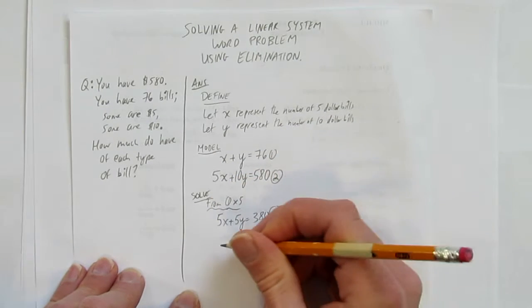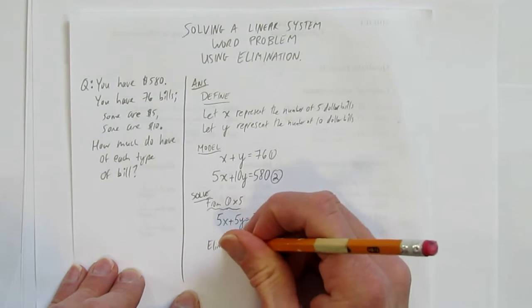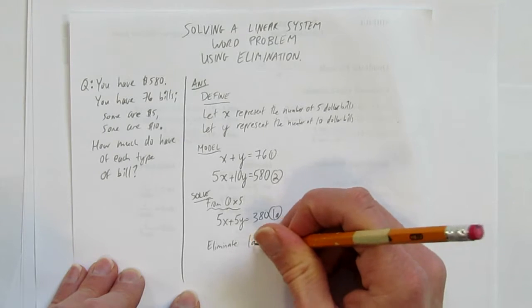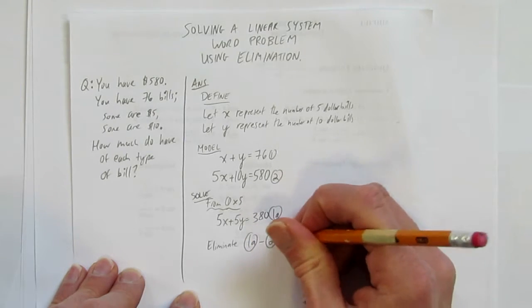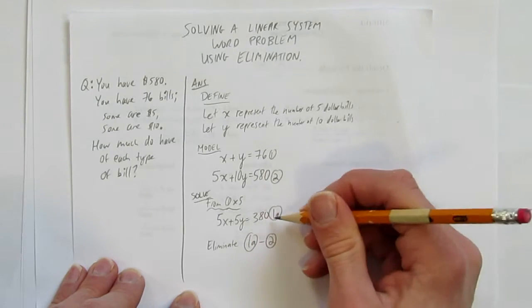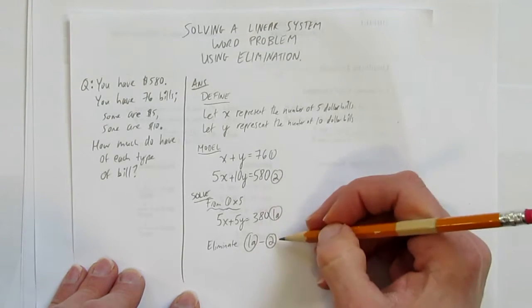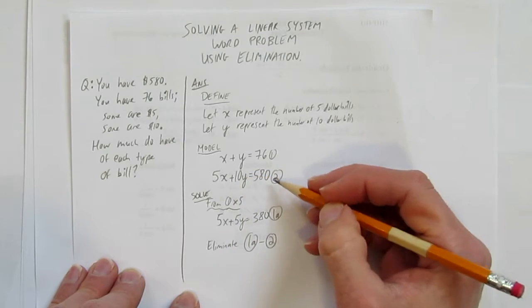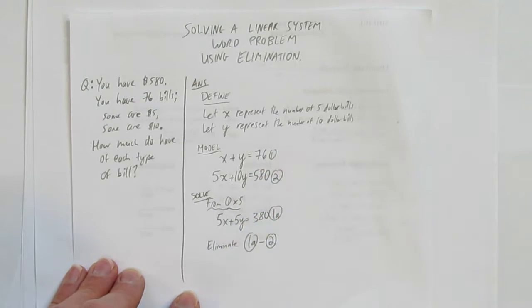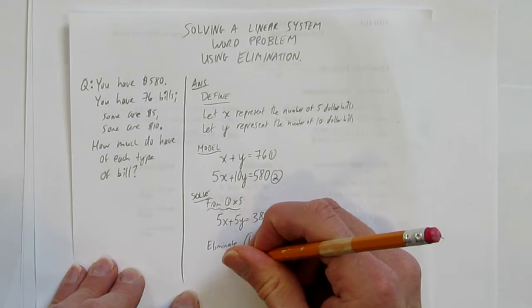I'm still solving. I'm going to eliminate by taking my equation 1a and subtracting equation 2. This 1a is equation 1 adjusted, and you can't just subtract equation 1 from itself, so you have to subtract the other. And that's what we want to do. We want to subtract this to cancel out the x's, just have y's. Let's see that in action.